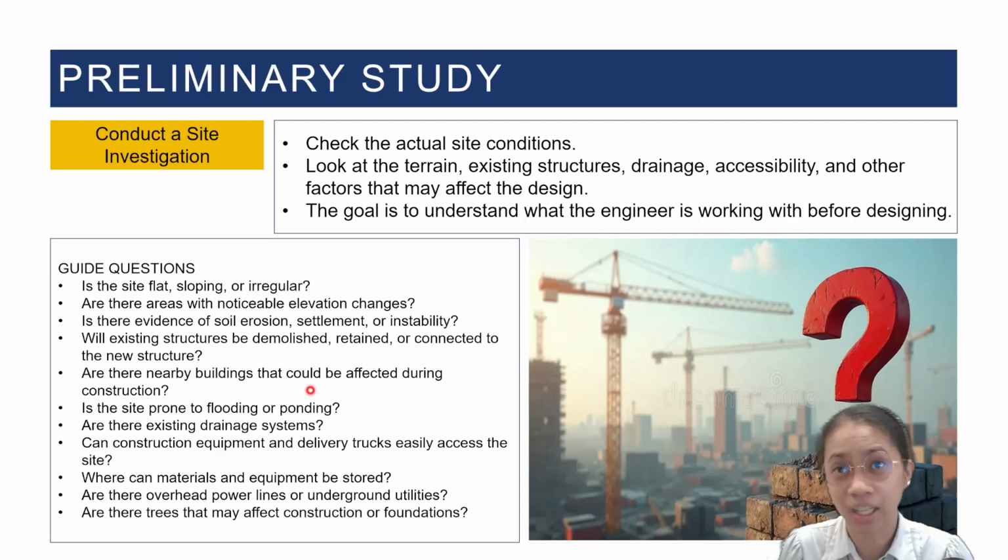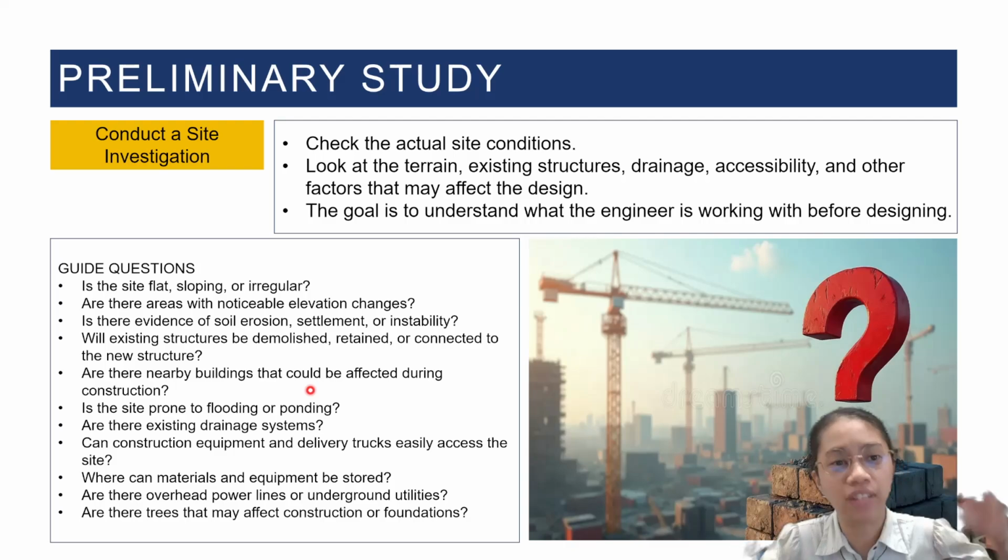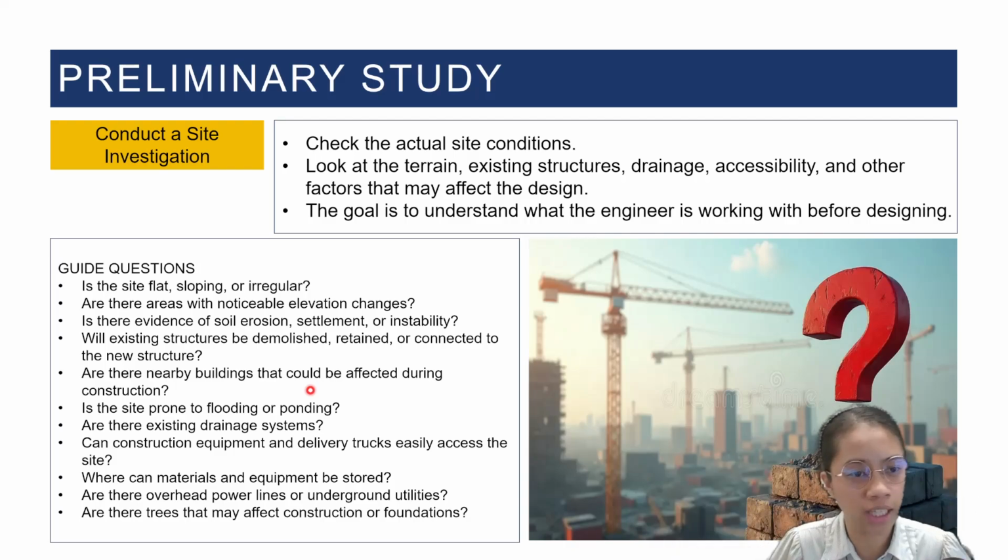Because if it does, it will be a problem for the client. So that's why, as a structural civil engineer, you should consider what your means or options are if you have neighboring structures already.